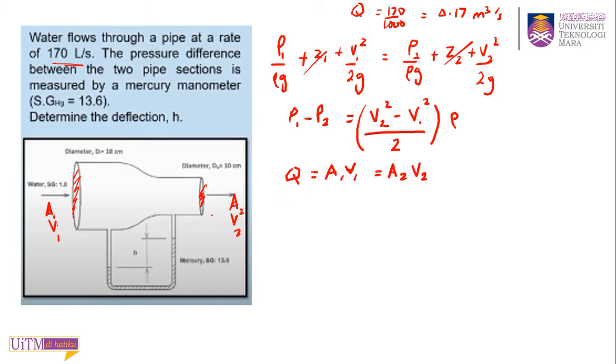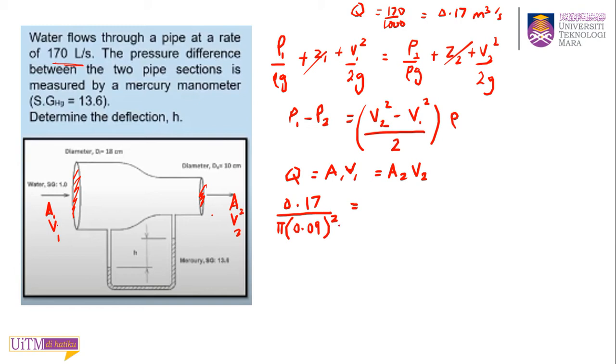Okay, so your Q equals A1 V1 equals A2 V2. So you have your Q 0.17. You divide by A1. Berapa A1? Pi times 18 bahagi 2, 9 bagi 100, 0.09 squared.